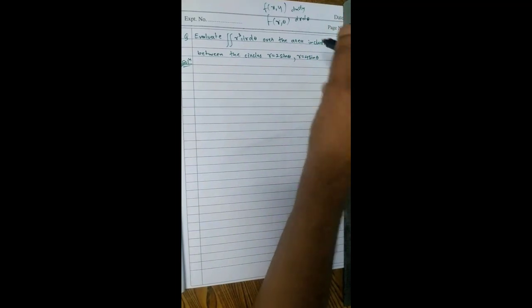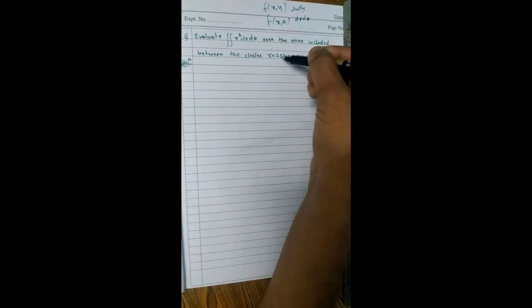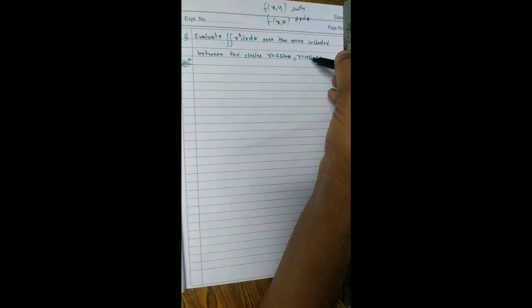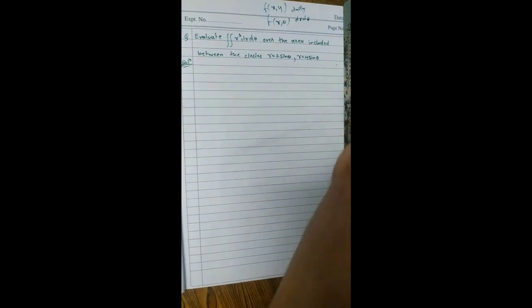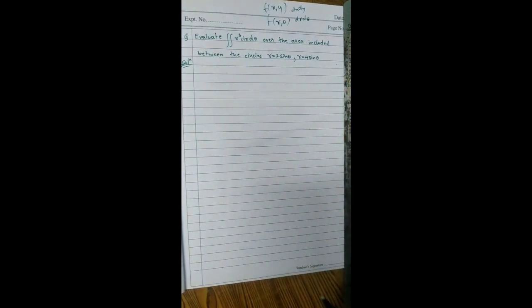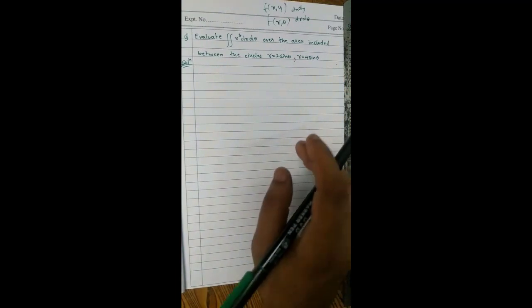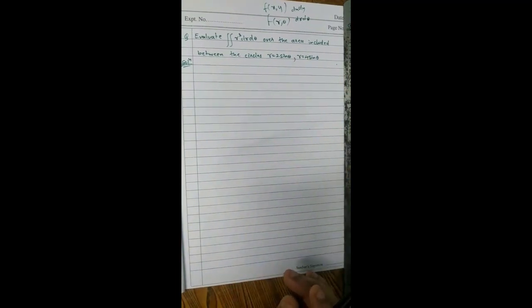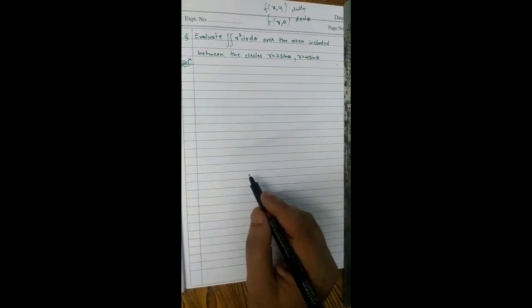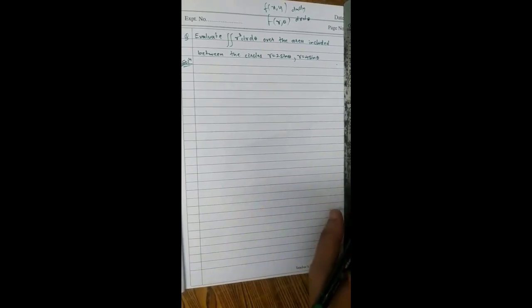And now first thing is, included between the circles r is equal to 2 sin theta and r is equal to 4 sin theta. So first thing is, you should know how to draw a rough sketch, right? So let me draw a rough sketch for you, right?